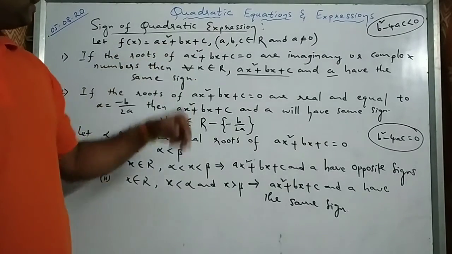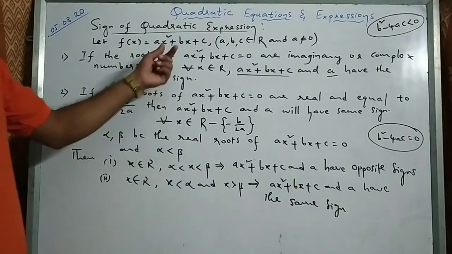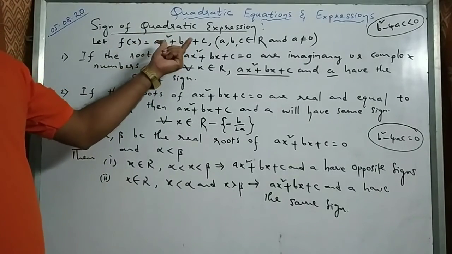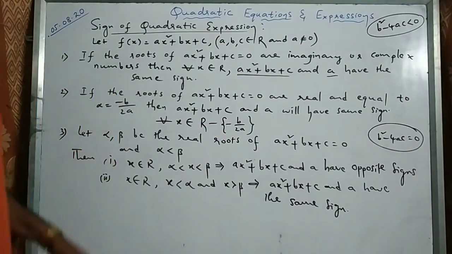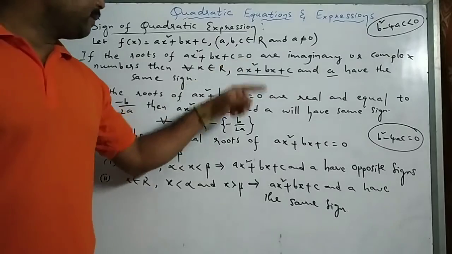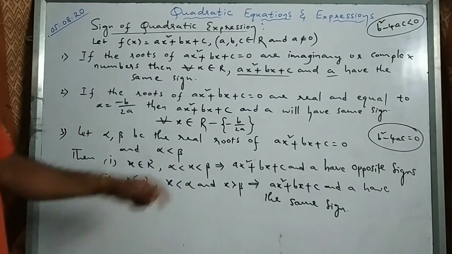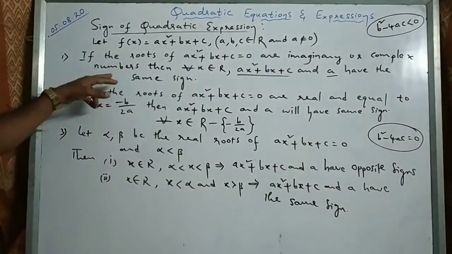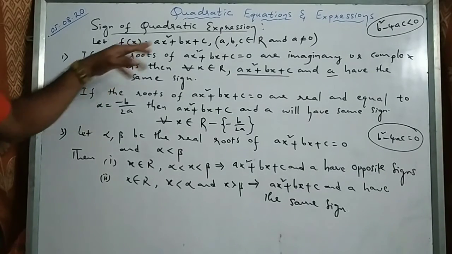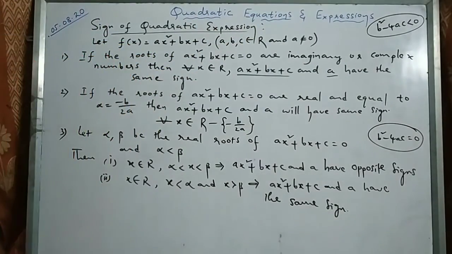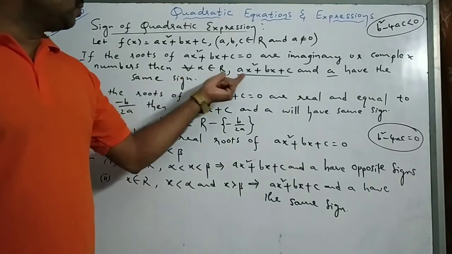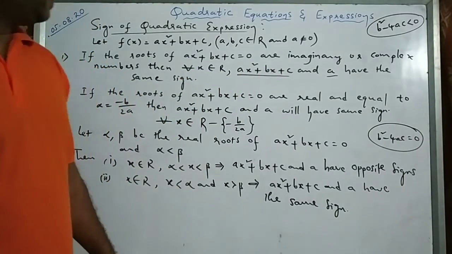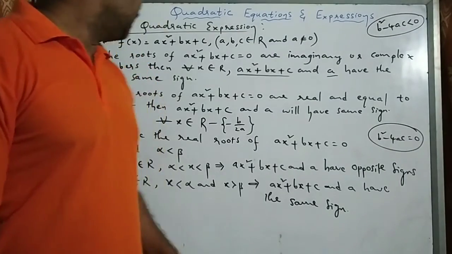Let f of x equal to ax square plus bx plus c. I am writing expression, but to get the roots I am taking it equal to 0. If the discriminant is less than 0, then the roots are imaginary or complex, and immediately you can say that for all x belongs to R, ax square plus bx plus c and a have the same sign.